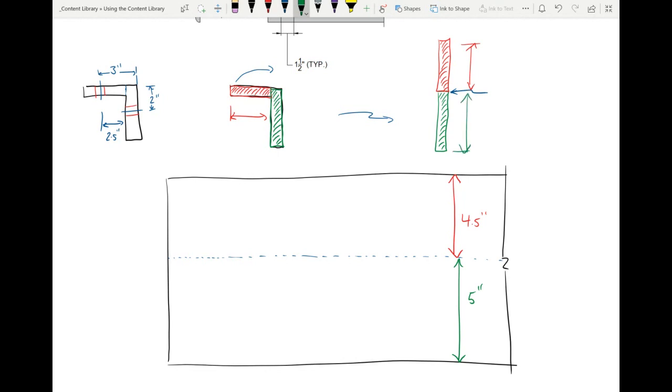That dimension right there is 5 inches, and this is 5 inches. But the reason it's 4.5 is because if we made that 5 too, we'd be double counting the thickness. The total height of the plate has got to be 5 plus 5, but we have to take off 1 thickness. Does that make sense? I'm going to take my time on this. I want to make sure that it's clear. I don't want to barrel through this.